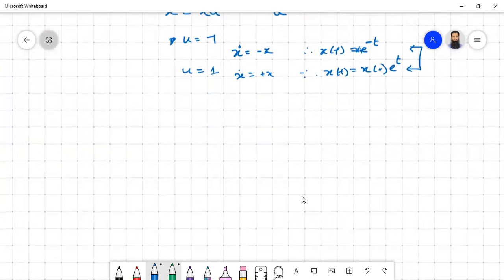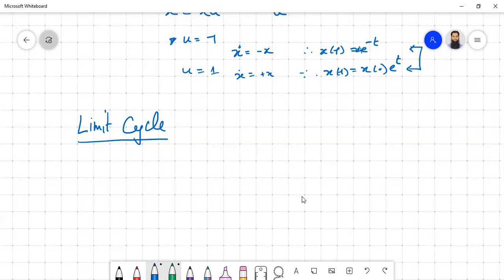Now the next nonlinearity is called limit cycle. What is a limit cycle? A limit cycle is an oscillation of fixed magnitude and fixed period, basically fixed frequency, without any external excitation. So in some systems, there is some oscillation available which is of fixed magnitude and fixed frequency.